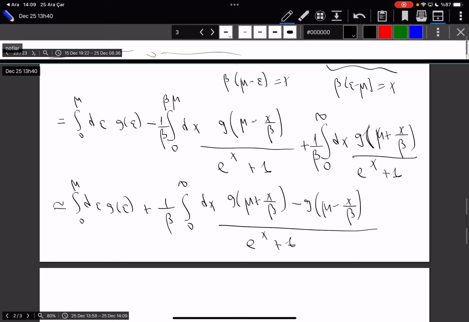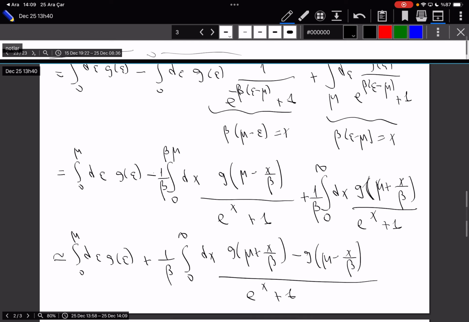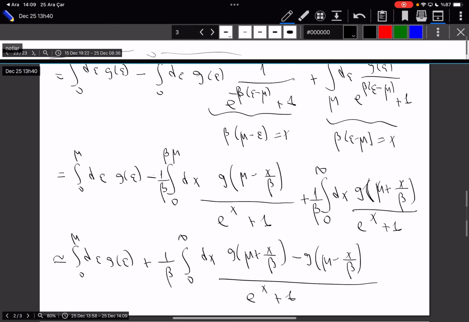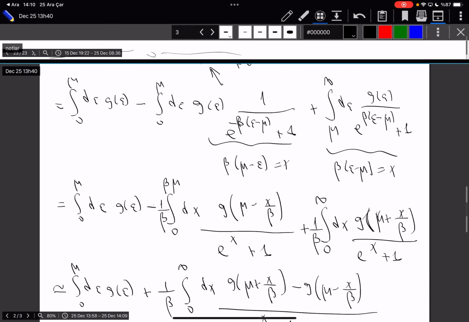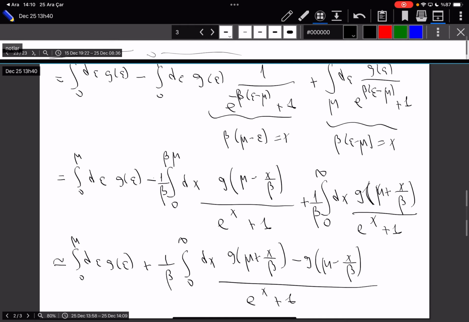How did we combine the two different x's to be a single x? Well, you see, x doesn't have any meaning, it's just a dummy variable. We said x is one thing, and in the other integral it should be negative x. But x is never negative. In both of them, x is positive. One of them was beta times mu minus epsilon, which, if it's x, then beta times epsilon minus mu is the reverse of signs.